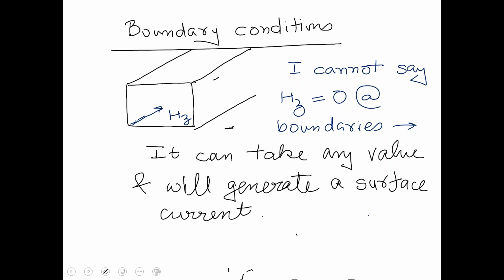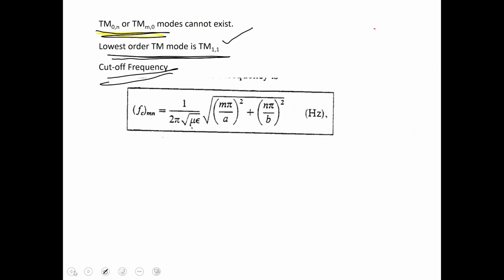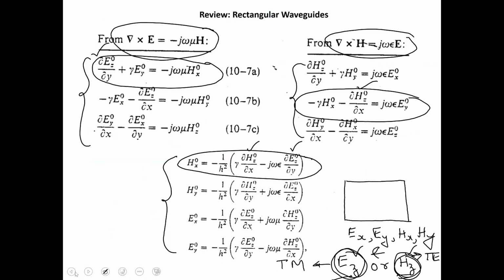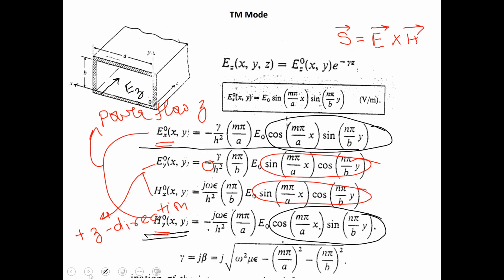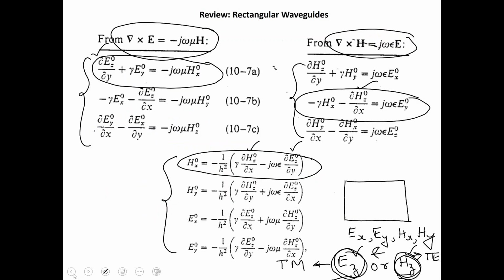To get out of that conundrum, let's go back to the fields, to these equations which we had here. And remember, what I can guarantee is what happens to the electric field. If there is an electric field which is parallel to the boundary, then that electric field has to be zero.